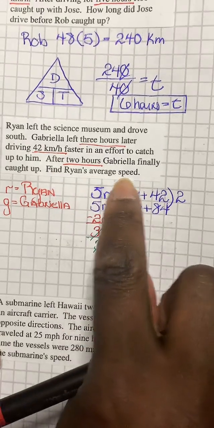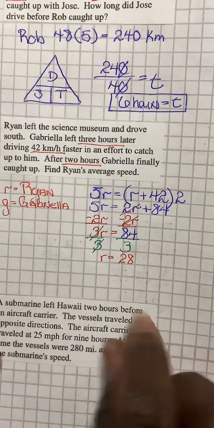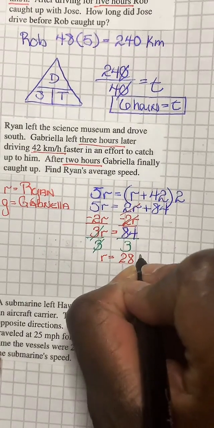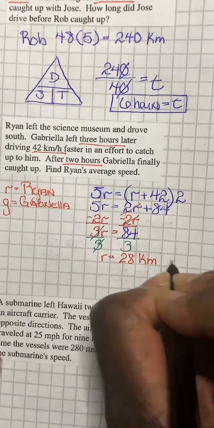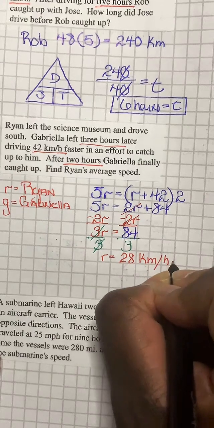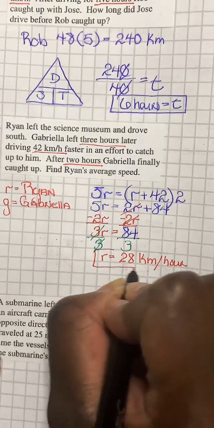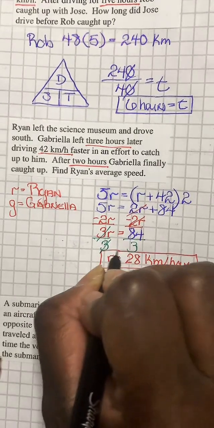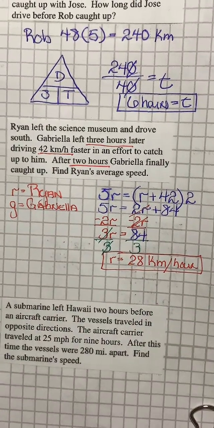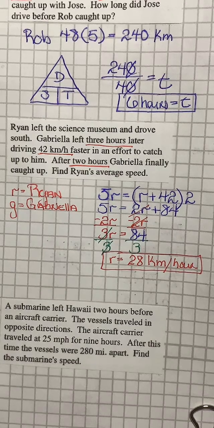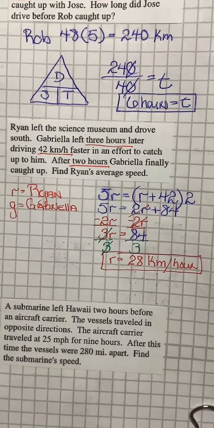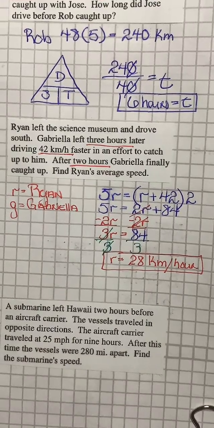So we were looking for his average speed, so it's going to be 28 kilometers per hour. And I know there's probably a simpler way, but this is what I got. All right.